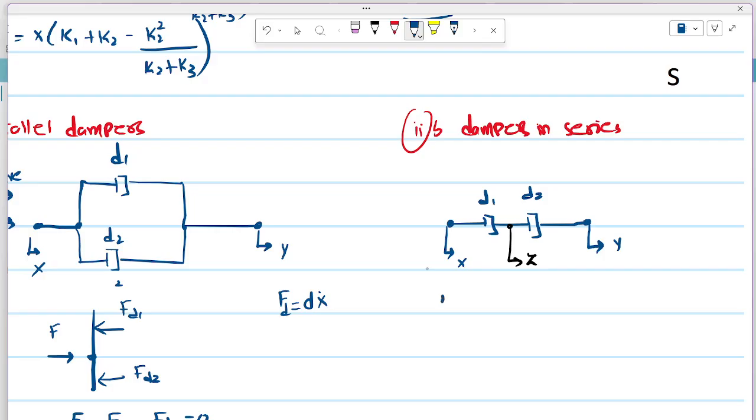So if the force acts in this direction, that's the positive one, we have to draw the free body diagram for this.